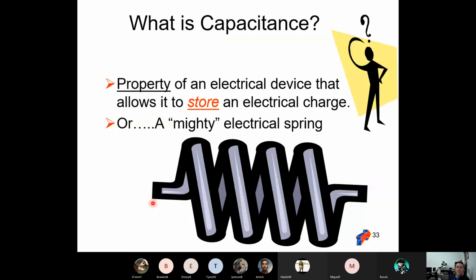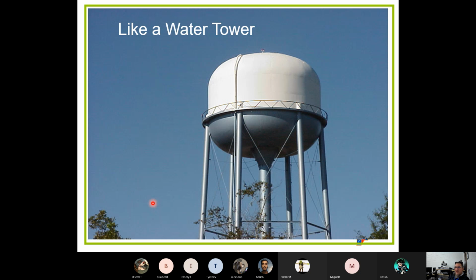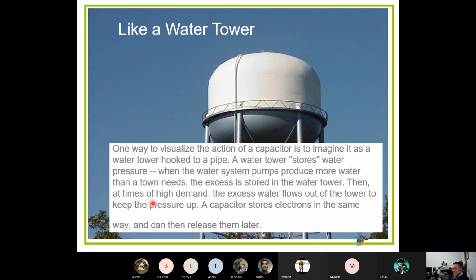All right, so, property of an electrical device to store electric charge. That's what capacitance is. So this is like a water tower. This is their analogy here. One way to understand a capacitor is to imagine it being a water tower that's hooked up to a pipe. The water tower is going to store water pressure.